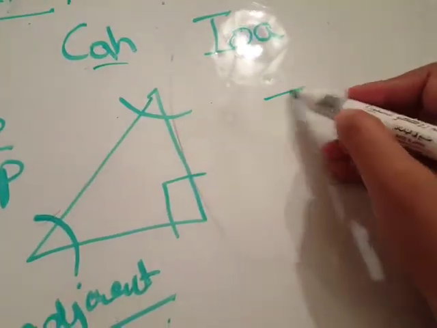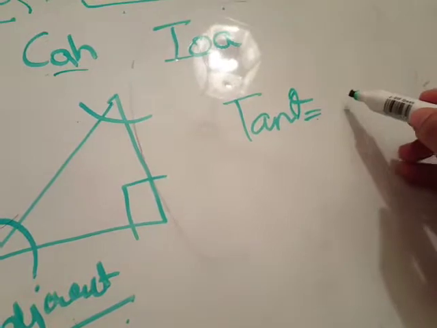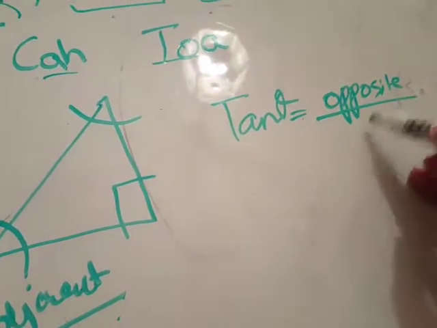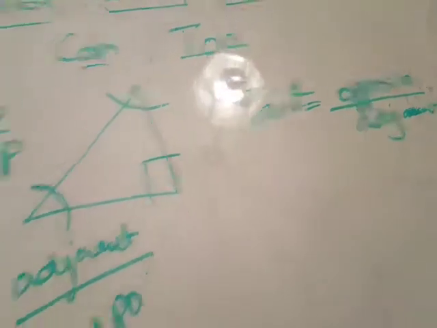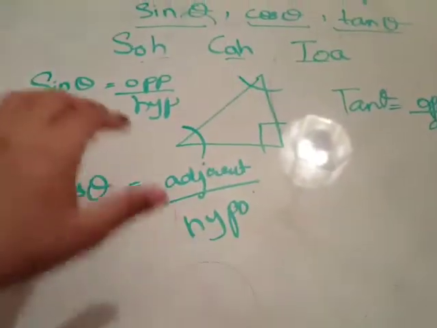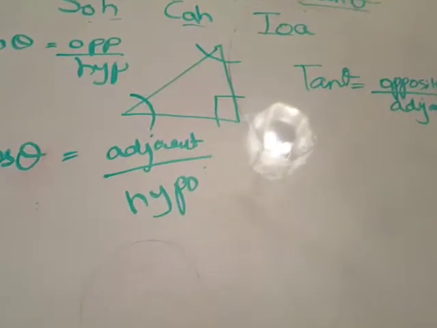Whereas TOA: tan theta is equal to opposite over adjacent. So you just have to memorize SOHCAHTOA in order to think about what is sine, what is cos, and what is tan theta.